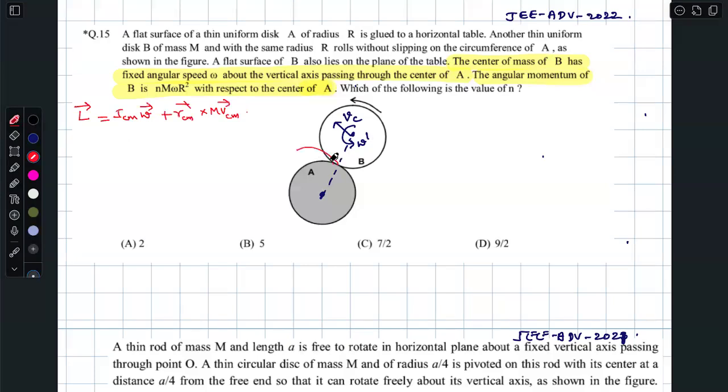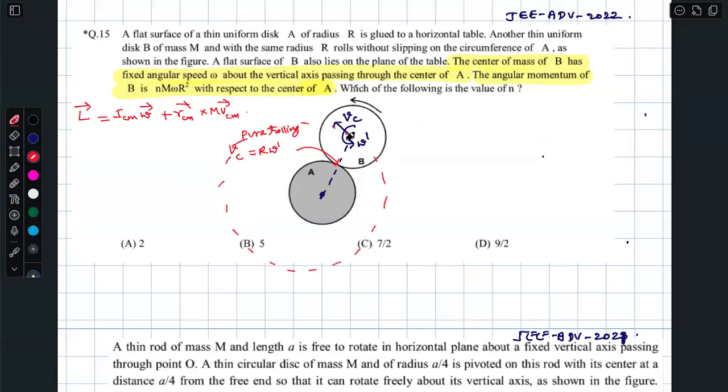Here pure rolling takes place. For that to pass, V_C must be R omega dash. Accepted or not? And by the way, the center is also rotating.